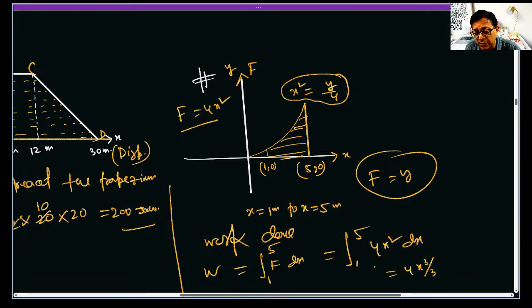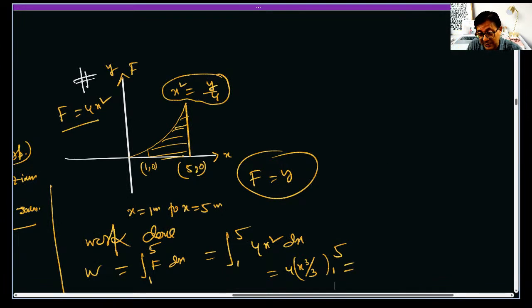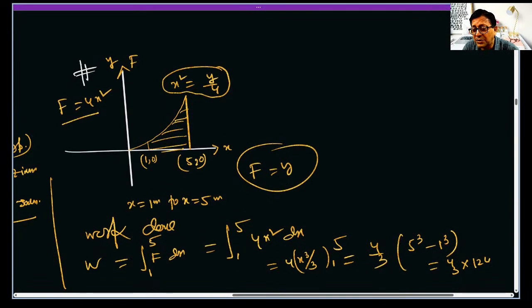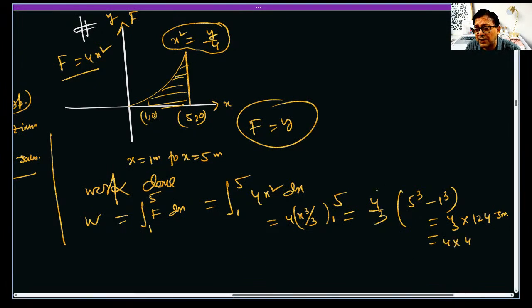This will be 4x cubed by 3, from 1 to 5. So this is nothing but 4 by 3, into 5 cube minus 1 cube, 124 joules. Okay, you just multiply and find 4 into approximately this, so it is 164 joules. Clear?